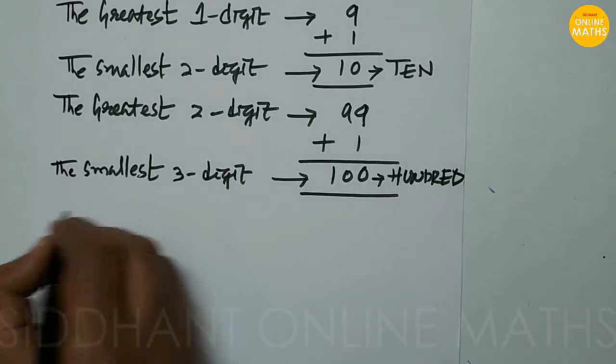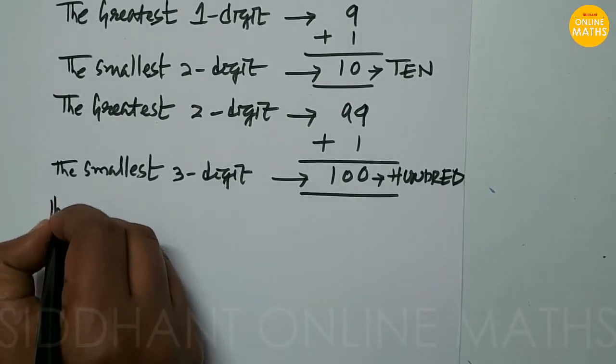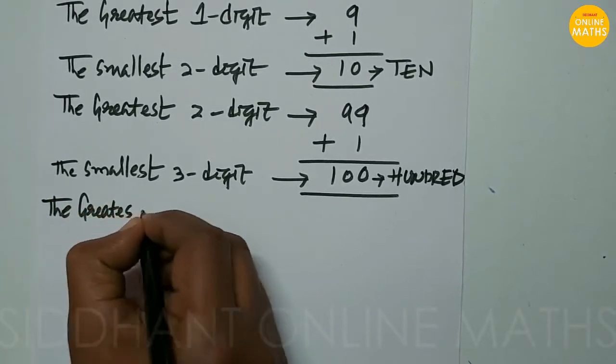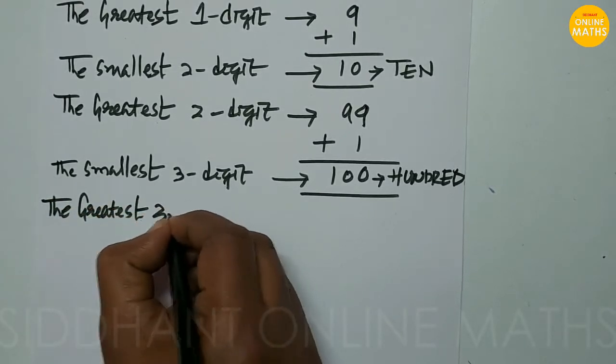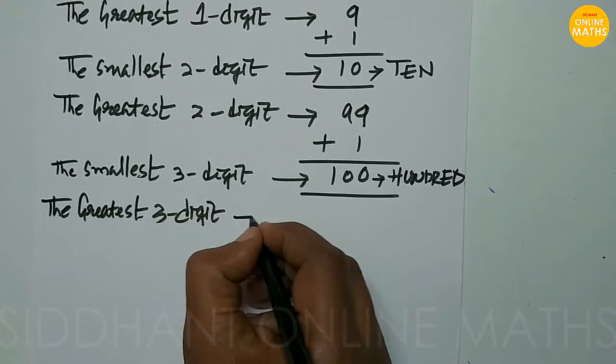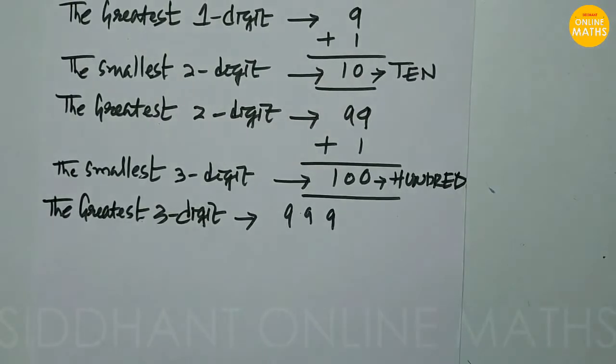So continuing, the greatest three digit number will be 999.